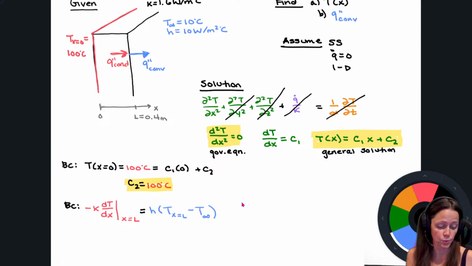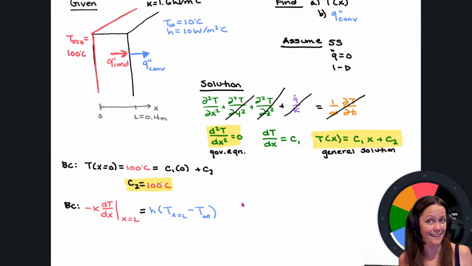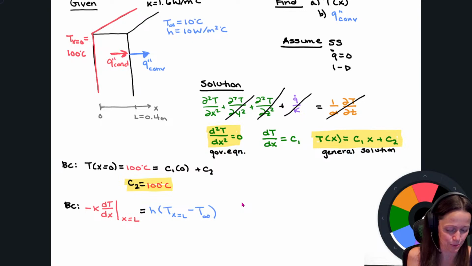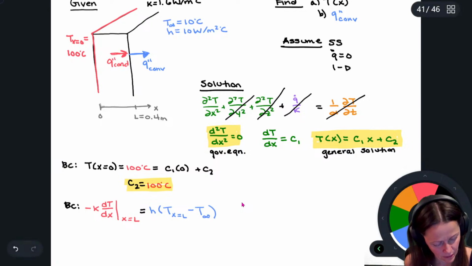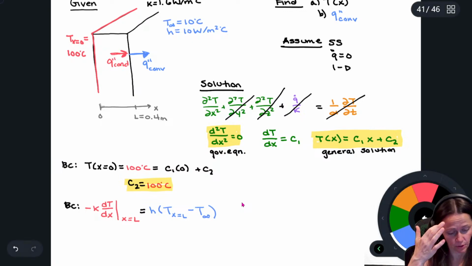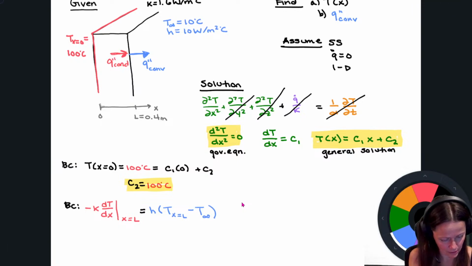Now I have to evaluate dT/dx, and it doesn't matter whether I'm evaluating it at x equals L or not. It's just equal to C1. We haven't solved for C1 yet.